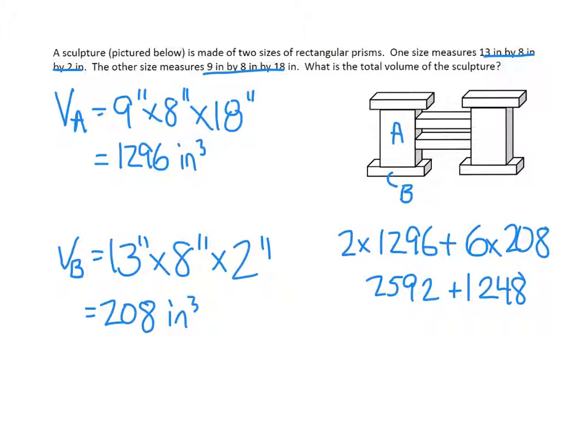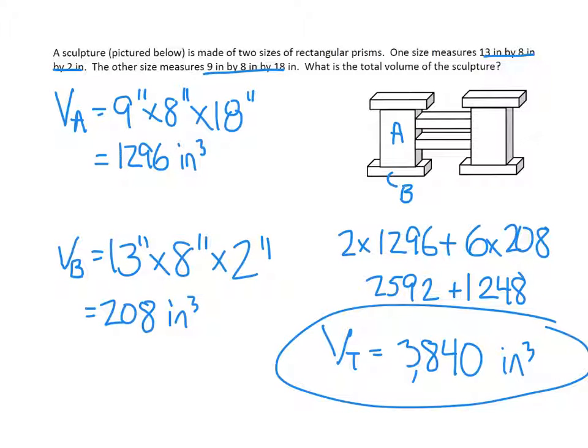So after I do that math, I get 2,592 plus 1,248. When I add those two together, I get a total volume of 3,840 inches cubed. You can see I made this much easier by organizing myself.